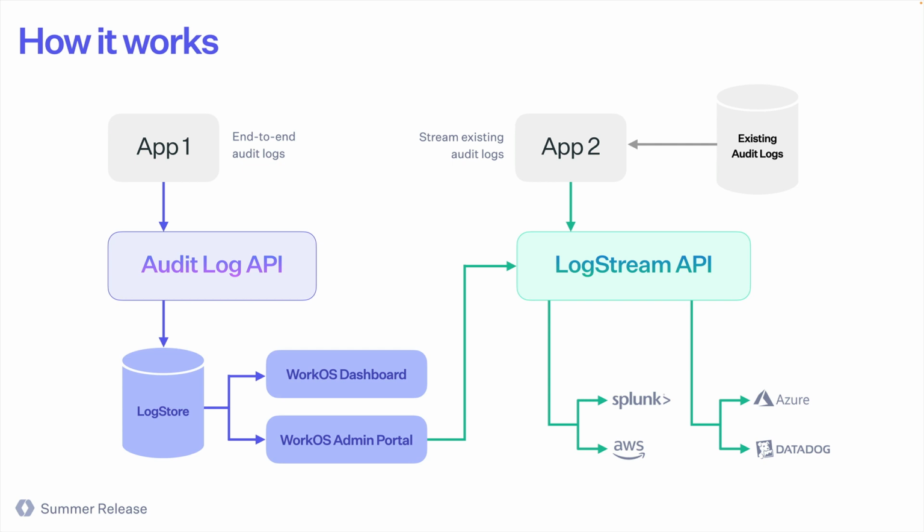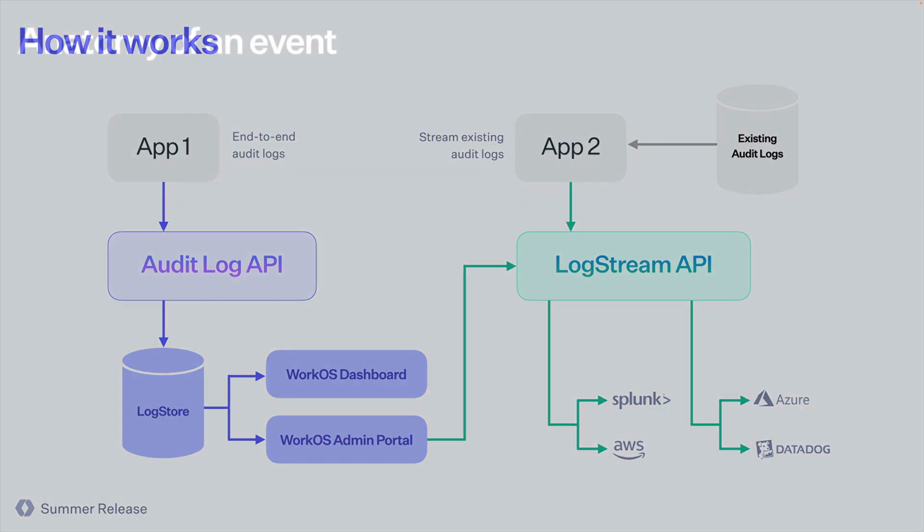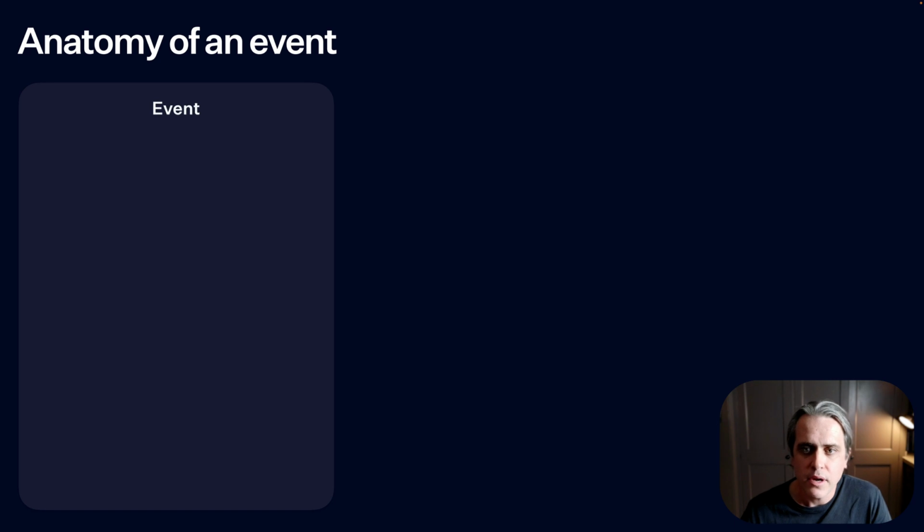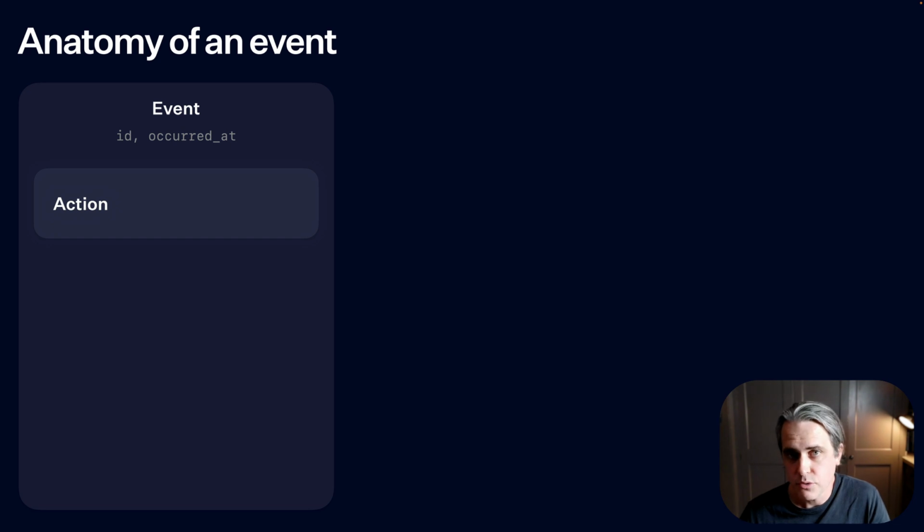Let's look at what an audit log event actually is, though. An event is comprised of an ID and a timestamp. Additionally, there are objects for the action, which is the actual thing that happened. A user logged in, a resource was edited, something may have been deleted. That's the action.